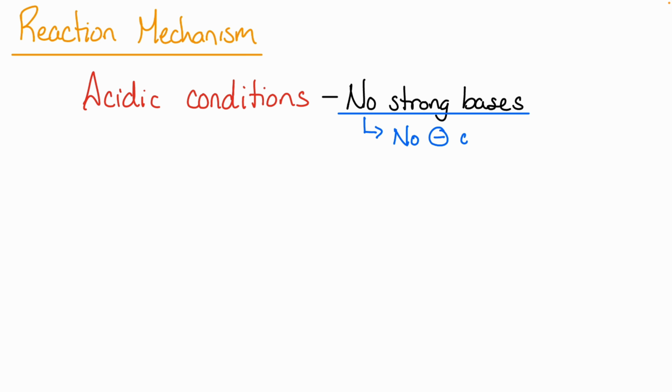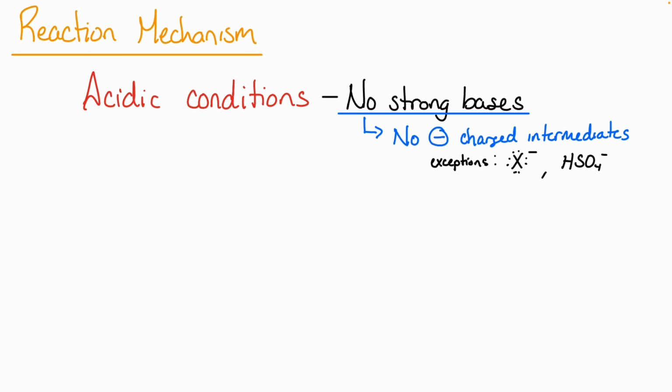We can note there are some exceptions. Our halide ions are absolutely terrible bases, so even though they have a negative charge, they could exist under acidic conditions. Our hydrogen sulfate, the conjugate bases of our very strong acids, are fine because they themselves are poor bases. But except for these few exceptions, we shouldn't have any negatively charged intermediates. No negatively charged oxygens, for example.